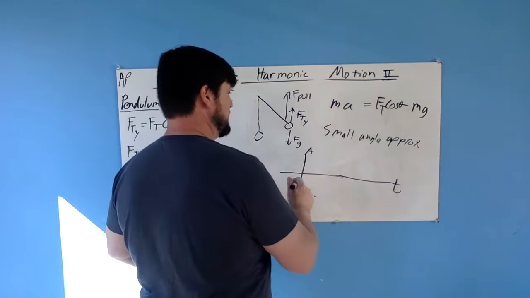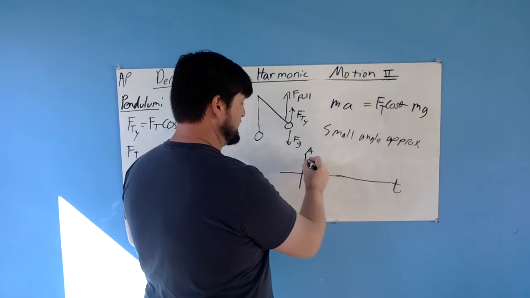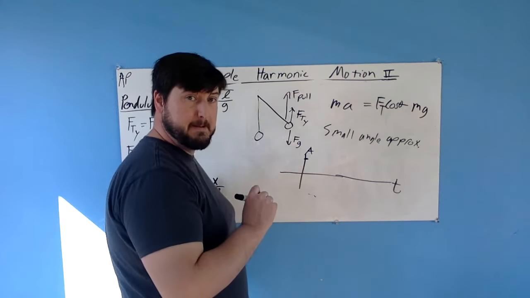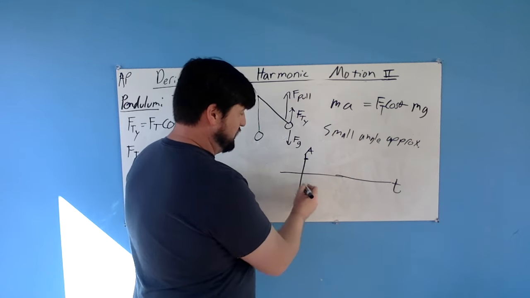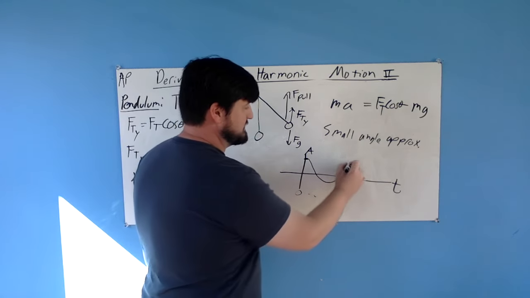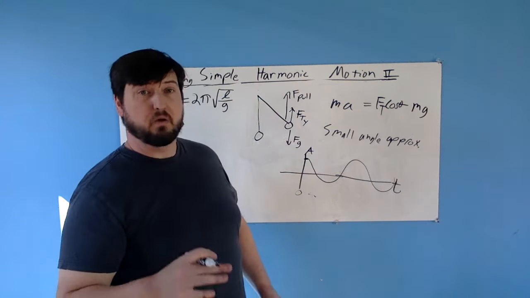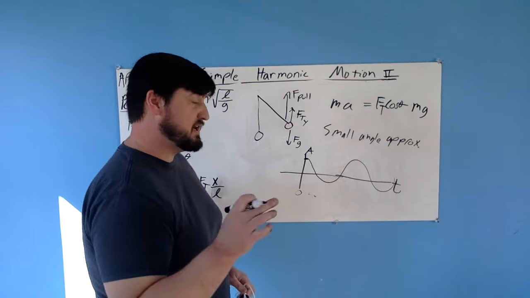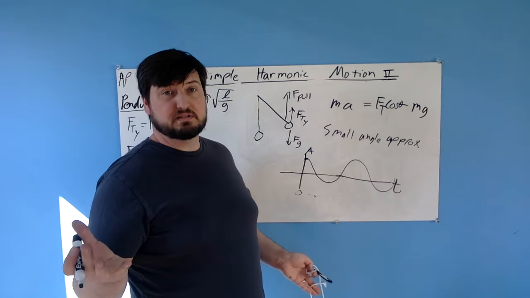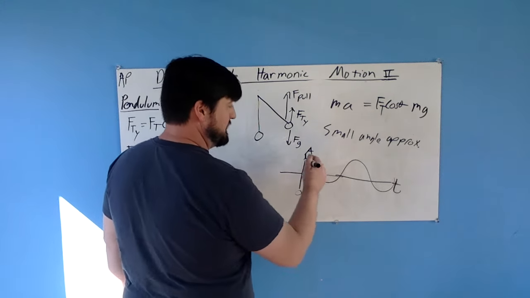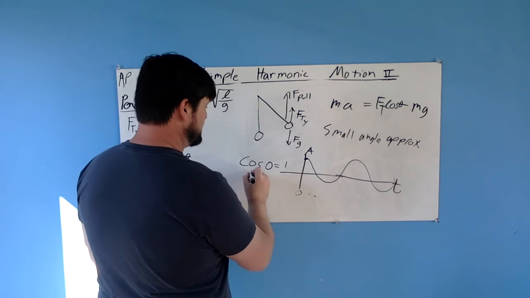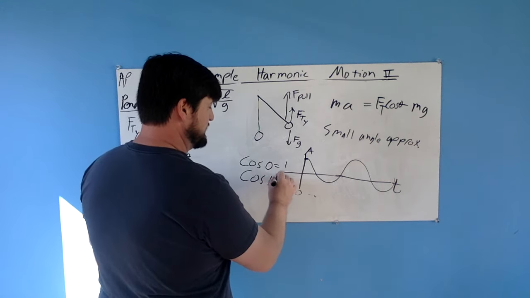If I start here and I've got a cosine, let's say, so cosine of 0 is 1, right? So at my 0 point, I'll start there, and if I go on, then it does something like this, right? Cosine of 0 is 1, but what is the cosine of 10 degrees?